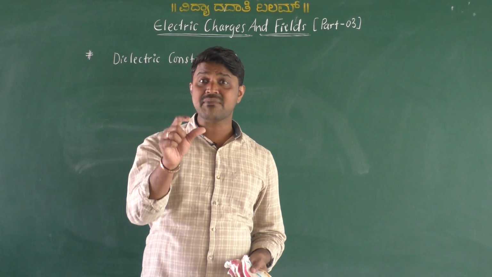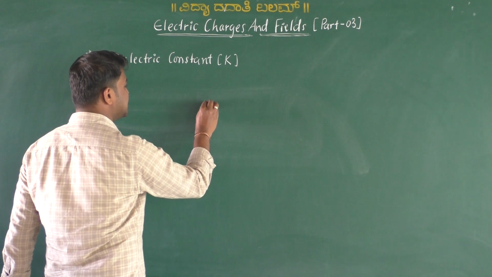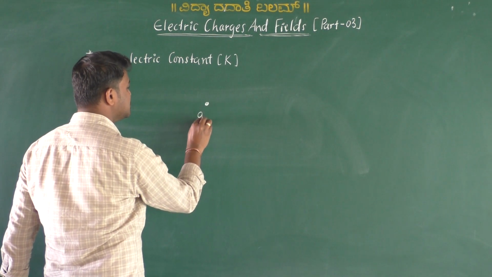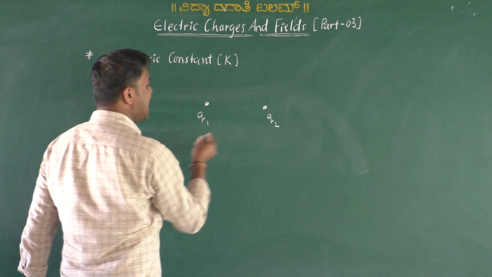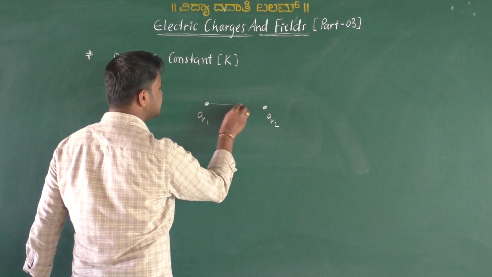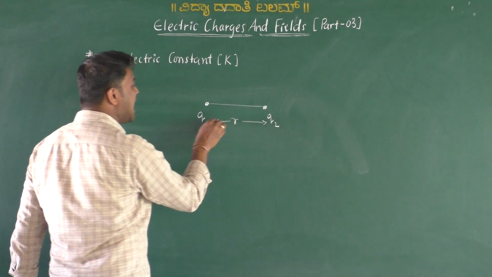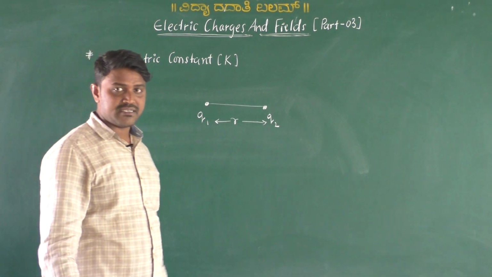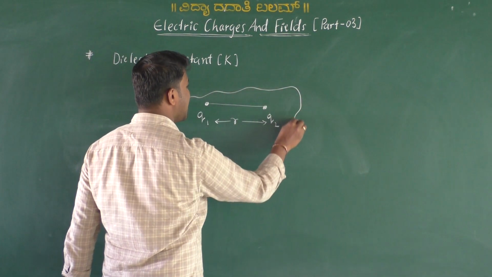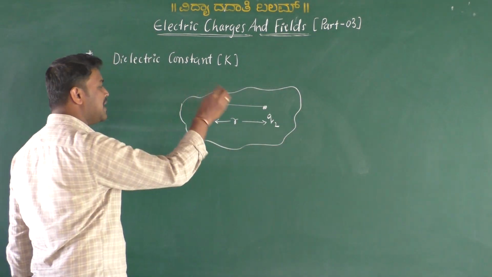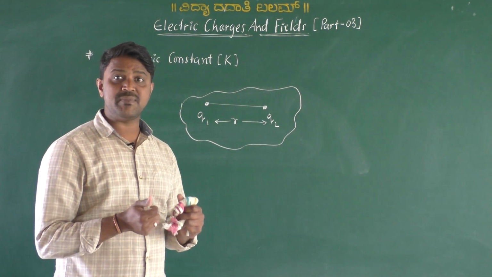With the help of the same idea, let us consider there are two charges, Q1 and Q2, placed at a distance R. Assume that these two charges, Q1 and Q2, are placed in a medium. Then what will be the force?